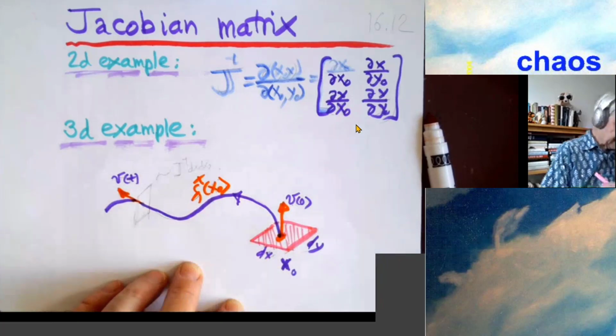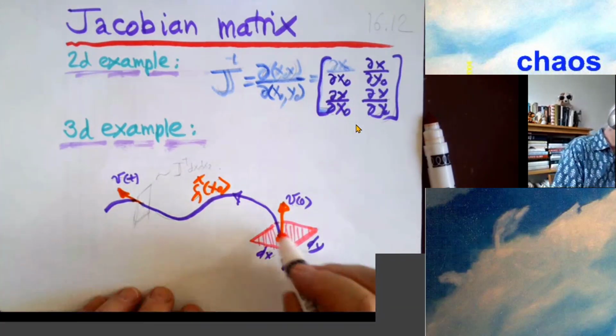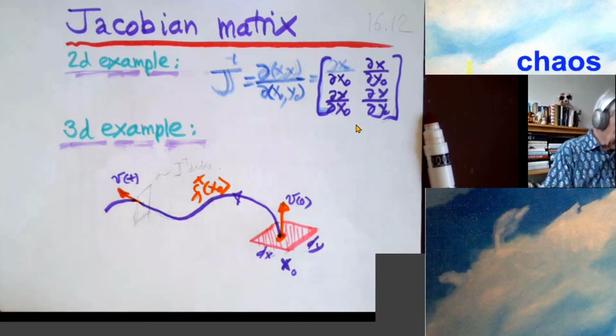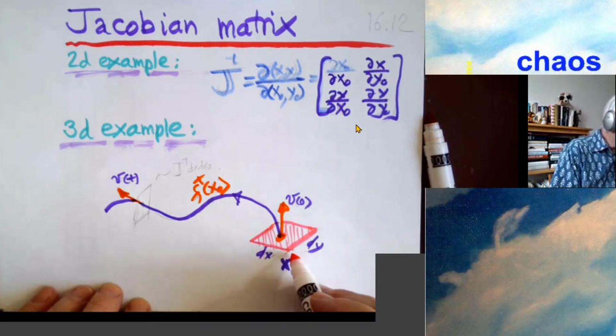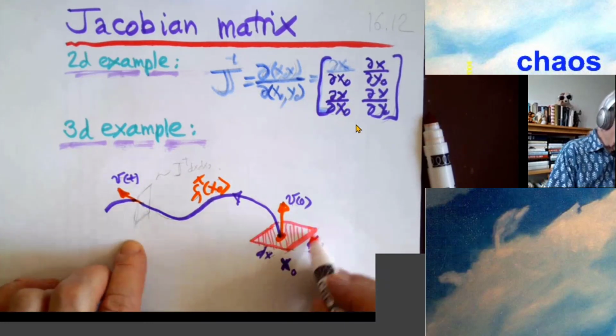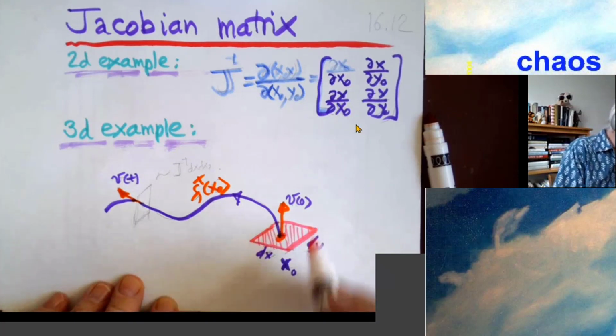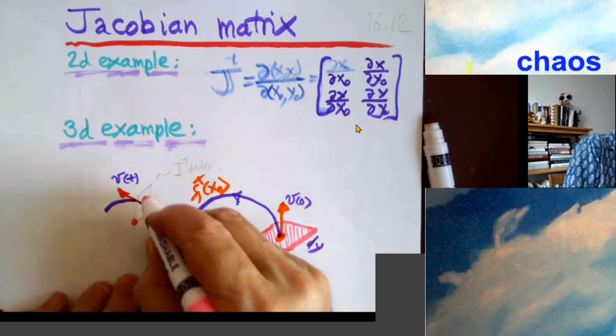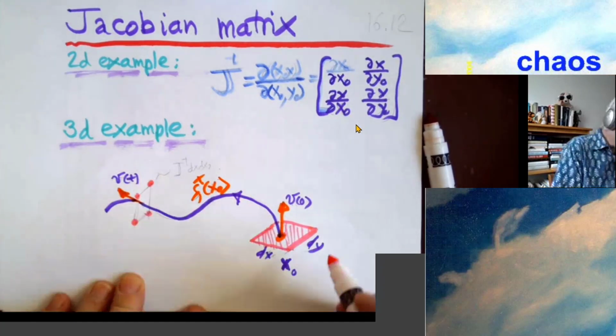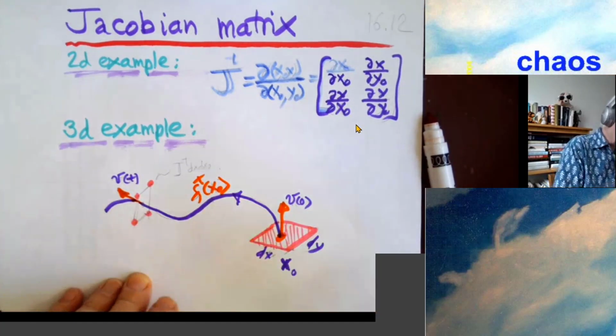But if you want to, I can make it the volume, neighboring volume. And now you can compute where every one of these points, in linear approximation, it's enough to compute where the corners end up. So you can compute where these neighboring trajectories go.